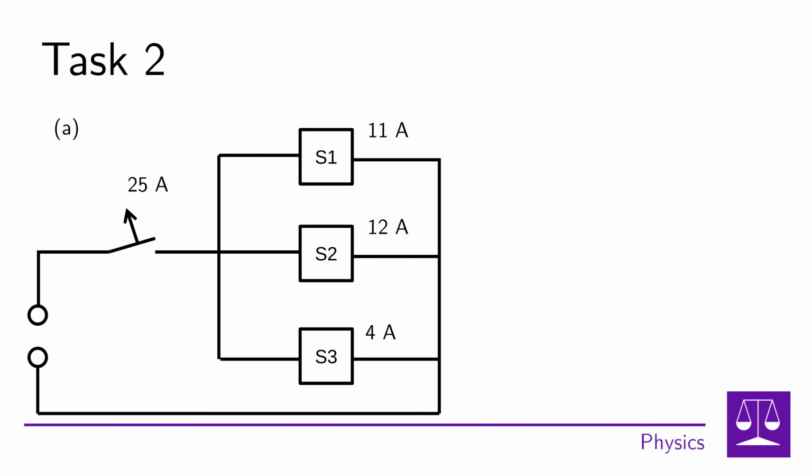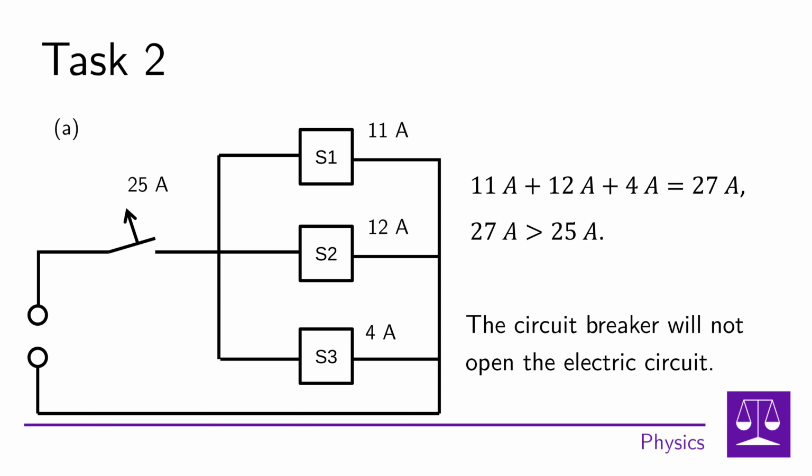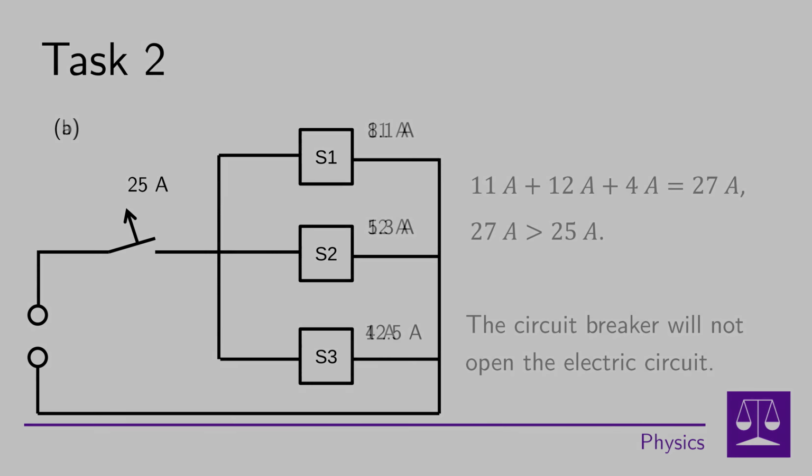Our task is to add the current consumed and decide whether the result exceeds the rated current of 25 amps. So add the numbers 11, 12 and 4 and we get the result of 27 amps. All 3 appliances together consume 27 amps. This is more than the rated current of 25 amps. So the circuit breaker opens the electrical circuit.